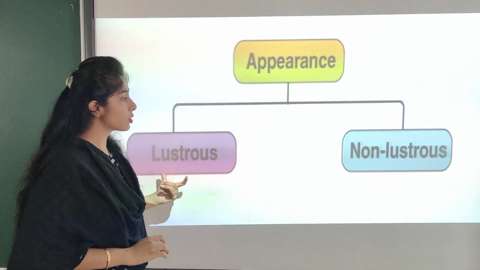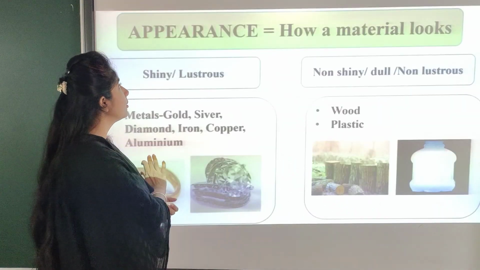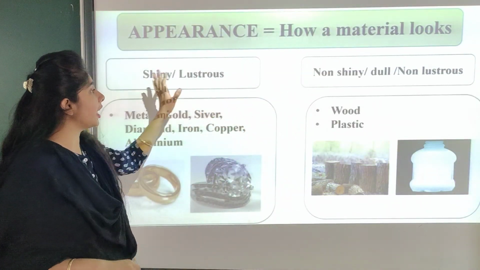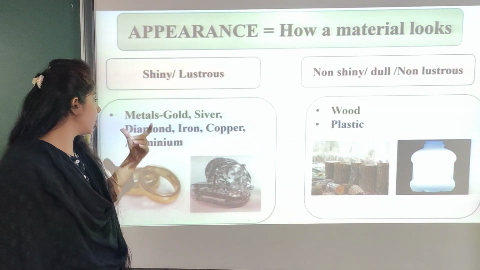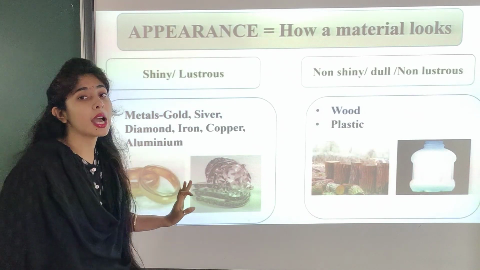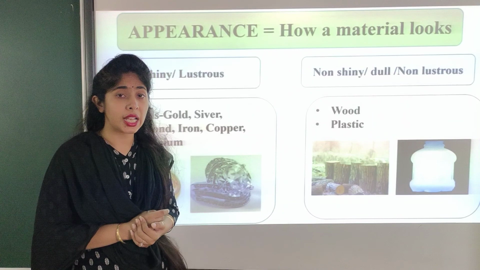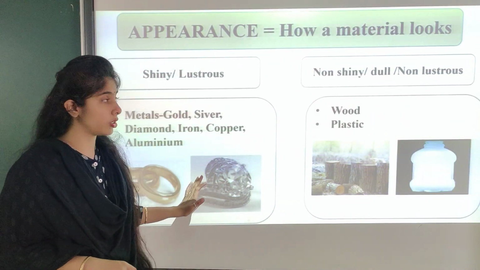Appearance. Lustrous and non-lustrous. What are these? Let us see. Appearance, how a material looks. Shiny or lustrous. Metals like gold, silver, diamond, iron, copper, aluminium, they all are lustrous. Shiny materials are known as lustrous. And these are the examples of the lustrous.